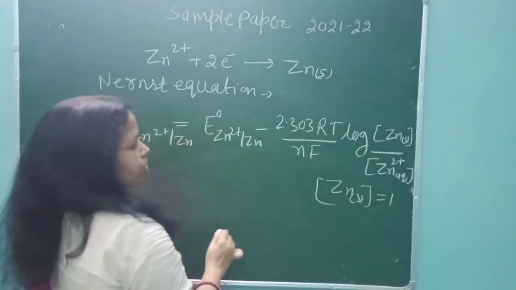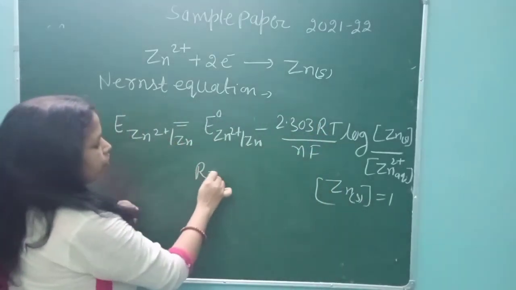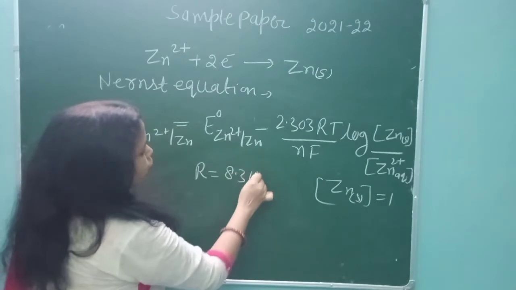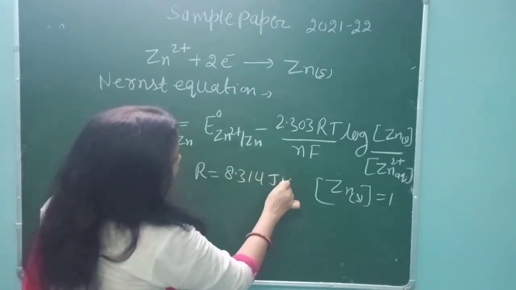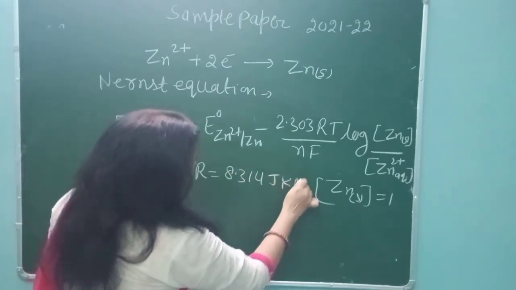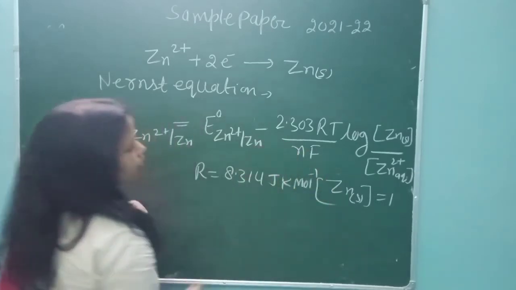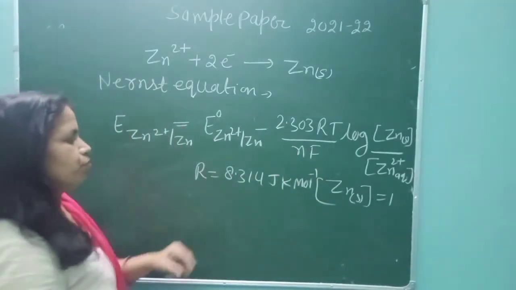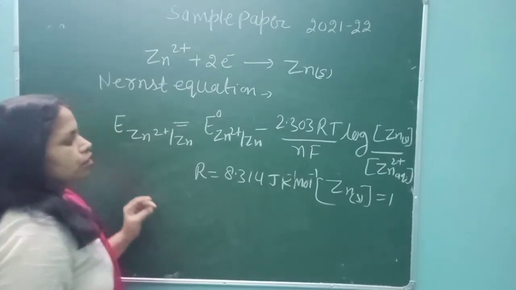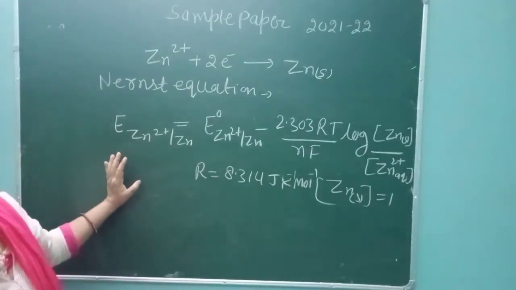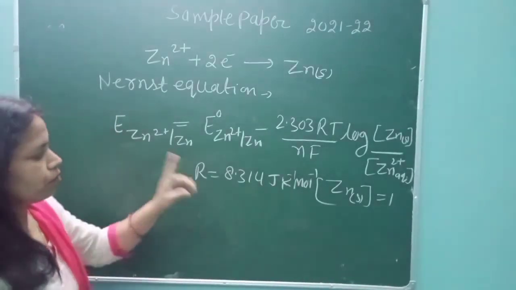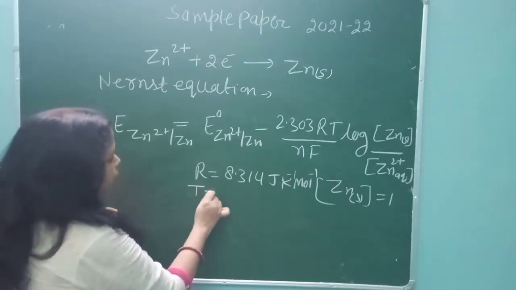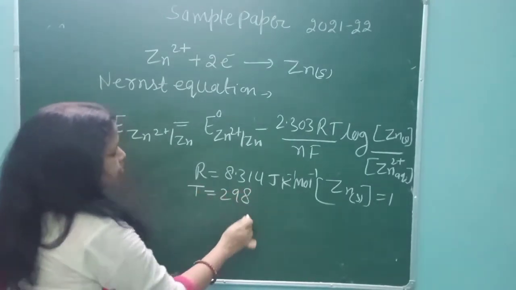And what is the value of R? R equals 8.314 joule per Kelvin per mole. Next, T is 298 Kelvin temperature.